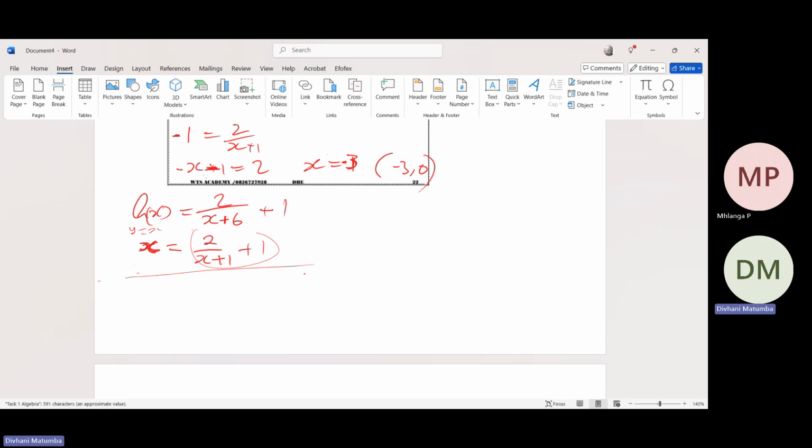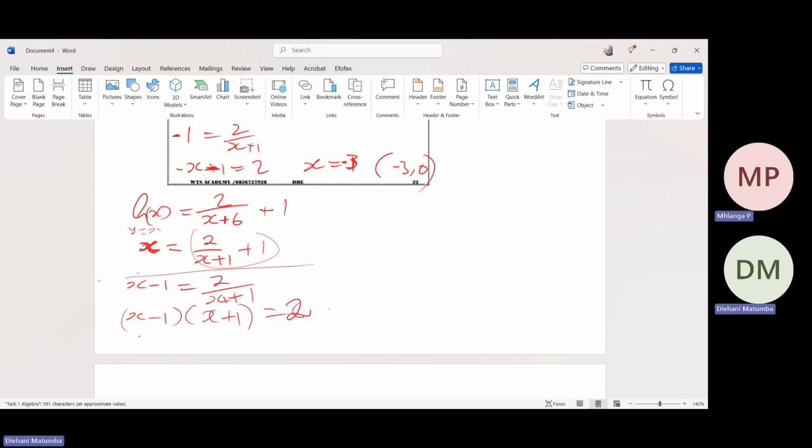Do you agree with that statement? Then we will have x equals 2 over x plus 1 plus 1, that is, x minus 1 equals 2 over x plus 1. If we cross multiply, we will have x minus 1 times x plus 1 equals 2.